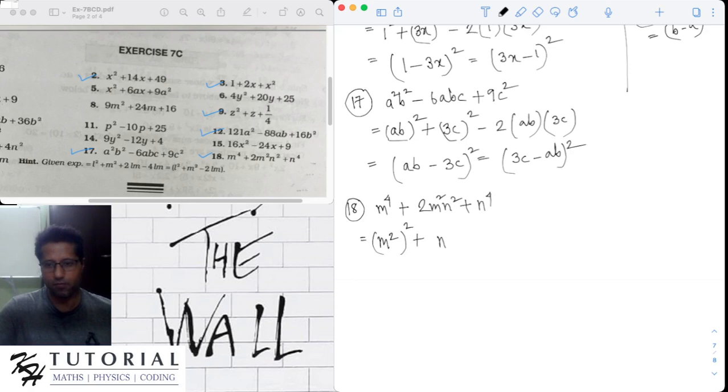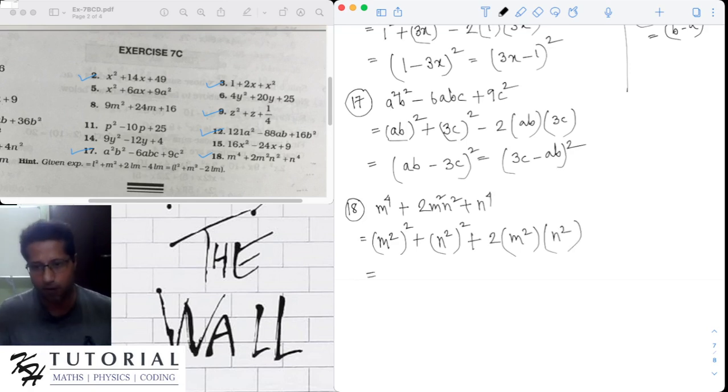Similarly, n to the power 4 is square of n square. So I got the form a square plus b square. Now I will see if the remaining term in the polynomial, that is 2m square n square, can be written as twice ab. So we can clearly see this is equal to 2 into m square and n square. So I have got the form a square plus b square plus twice ab. So this will be equal to m square plus n square whole square.